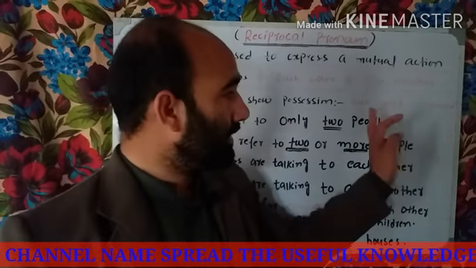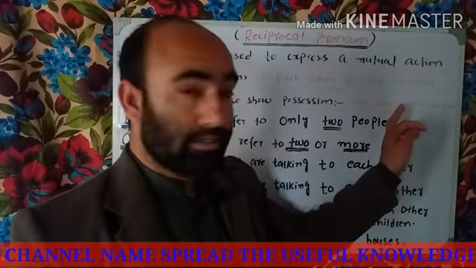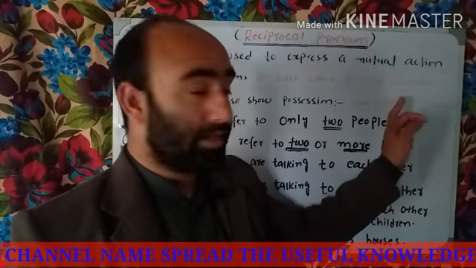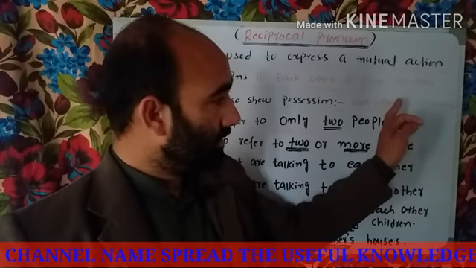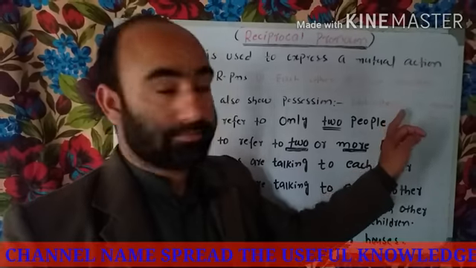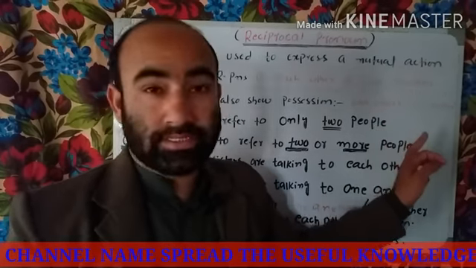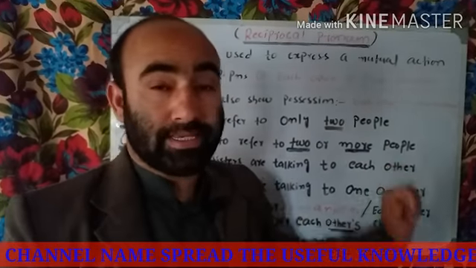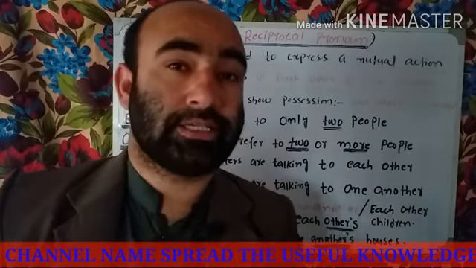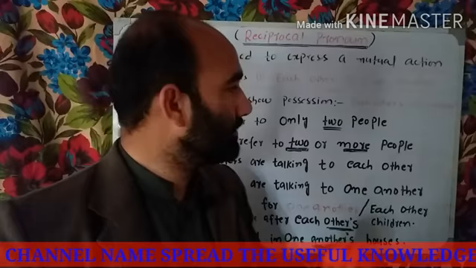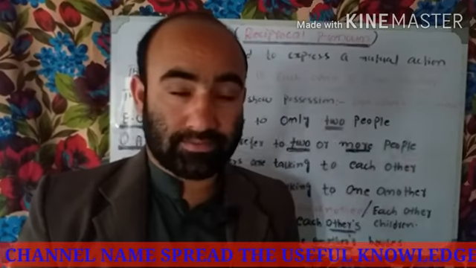Look at each other's: I have written apostrophe plus s. It shows relationship, possession, ownership. One another's.